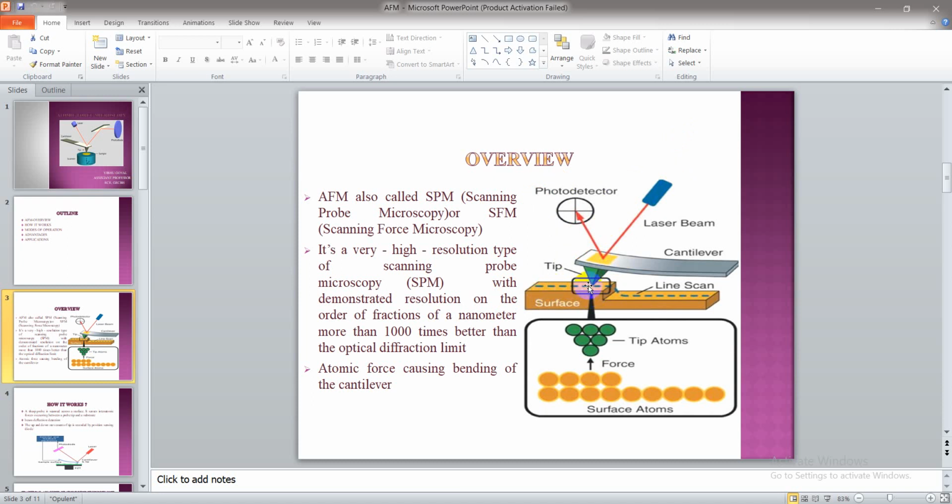So we get the surface morphology from the deflection of this beam, and that deflection is detected with the help of the photodetector. The tip is continuously in contact, non-contact or tapping mode.